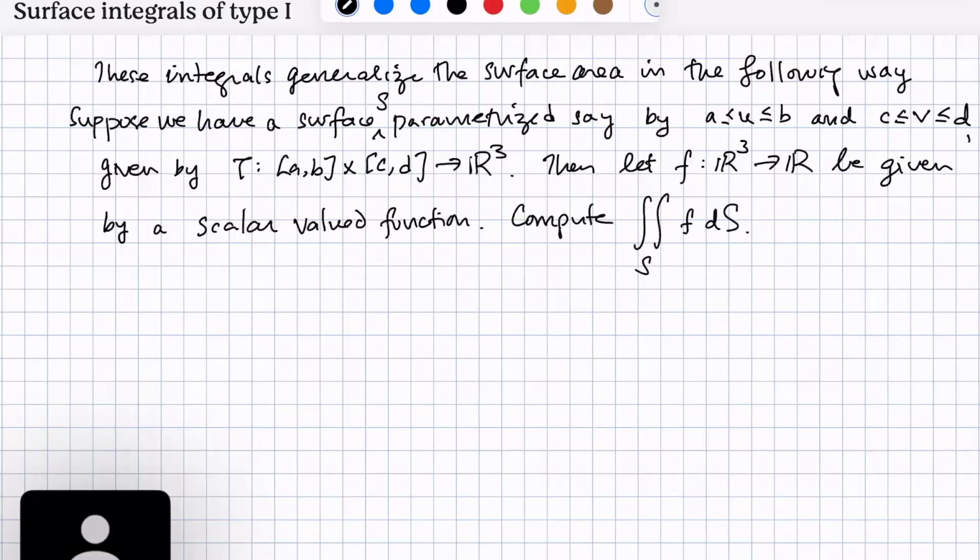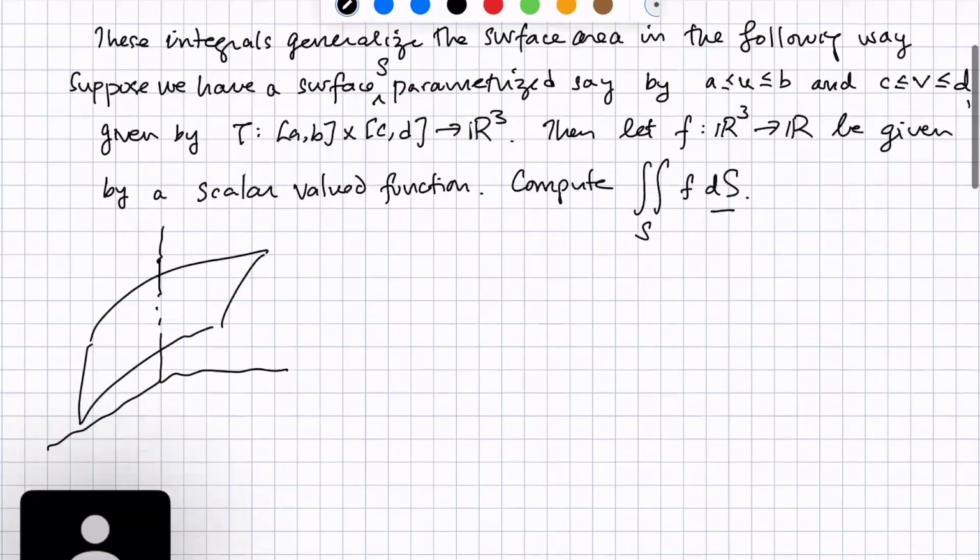Now we haven't used this notation before. Let me explain what it is. Suppose I have a surface in three-dimensional space, and at every point on that surface, say (x, y, z), I have a scalar valued function f of x, y, z, which is in R. What this f does is it gives the density of this object at that point.